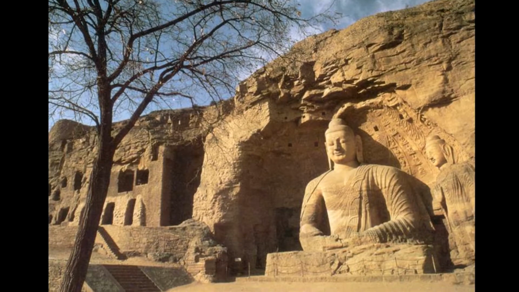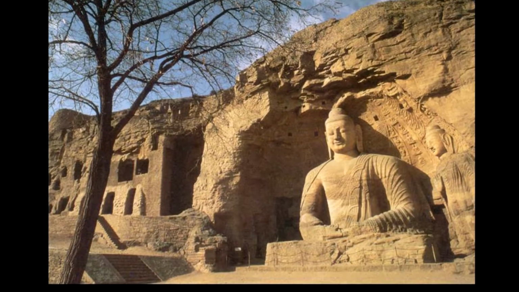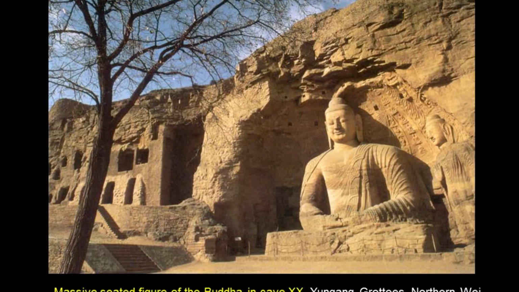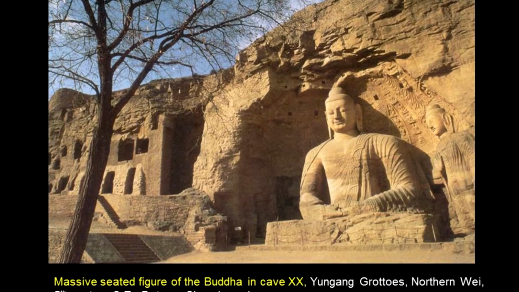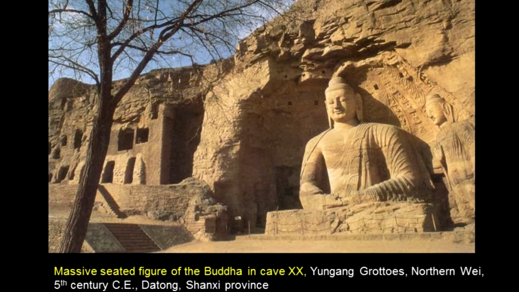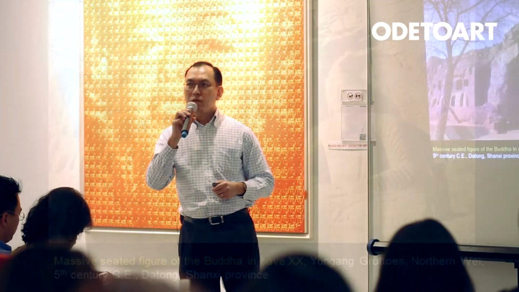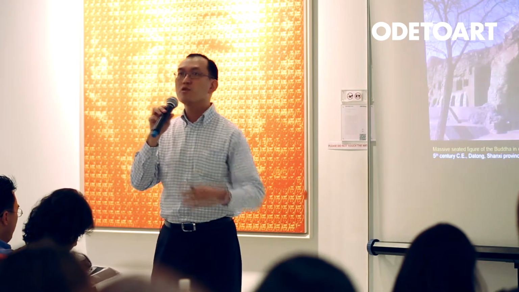Now, from India, Buddhism began to spread, either through missionaries or along the Silk Road, through traders, for example. I believe it first went to Central Asia, along the Silk Road, and later on it went to China, and then later on to Korea and Japan, and then about the 3rd century AD it was transmitted to Southeast Asia.